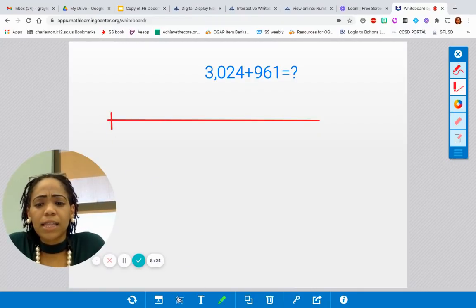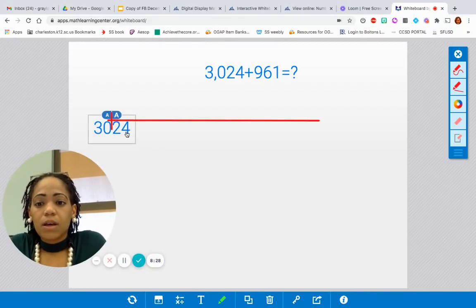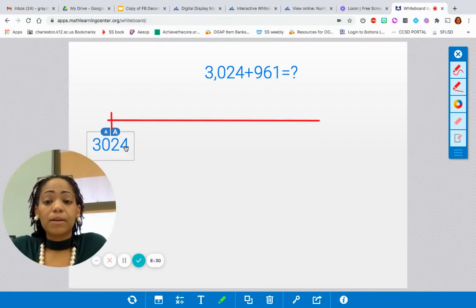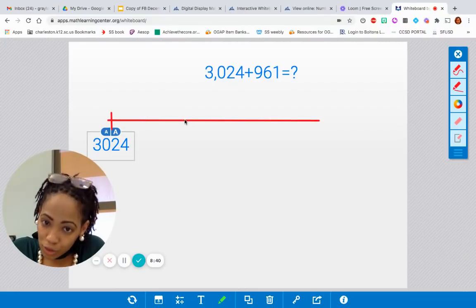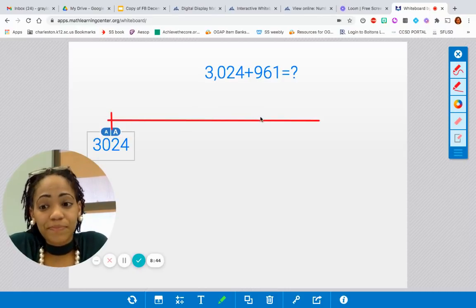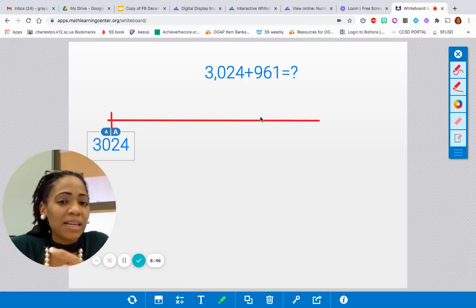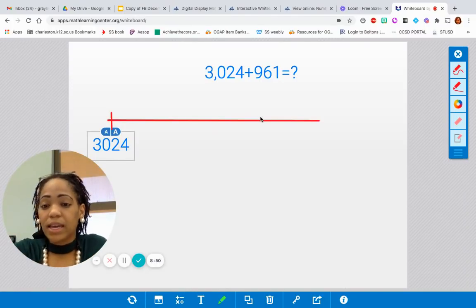So if I start at the number 3024, then I'm going to jump by a friendly number, okay? So I could jump by 100. So that'll be 3,124, 3,224, 3,324, 3,424. I could do that. Probably not the most efficient strategy to use for this problem because the numbers are so big.